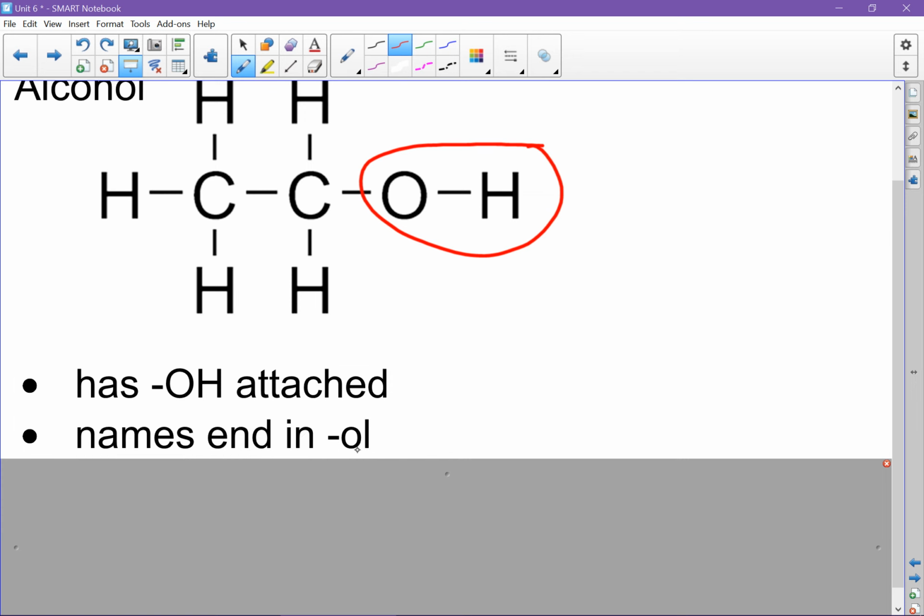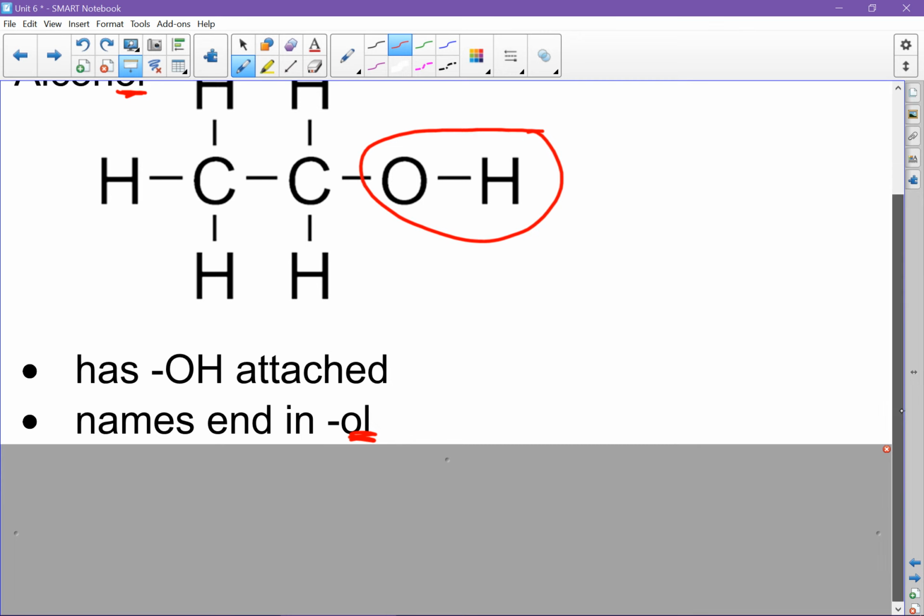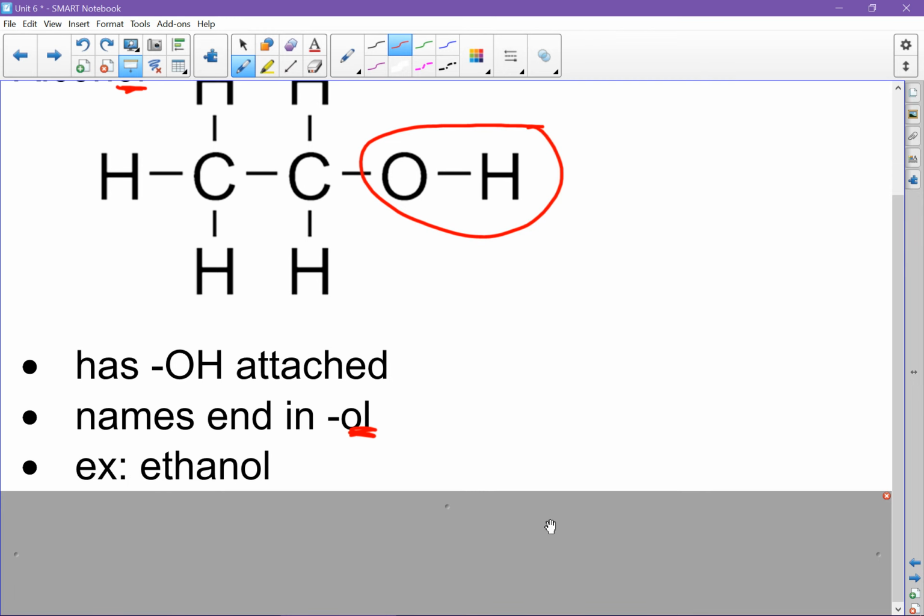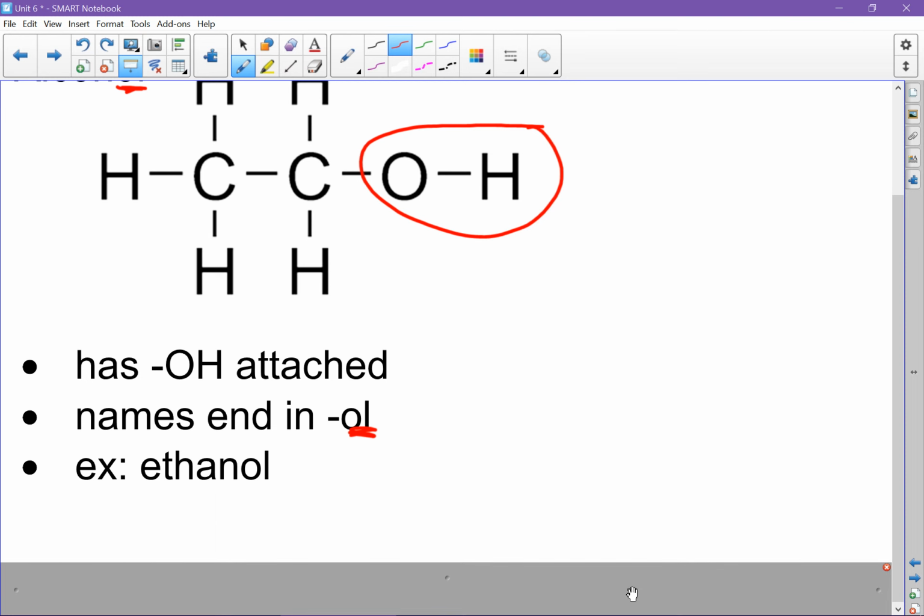The names will end in -ol, just like the word alcohol ends there. So that will match just like for the other ones. So in this example, this is ethanol. I said eth because it has 2 carbons, but then I added this ending of -ol because it is an alcohol, and the way that I know that is because there's an OH attached.